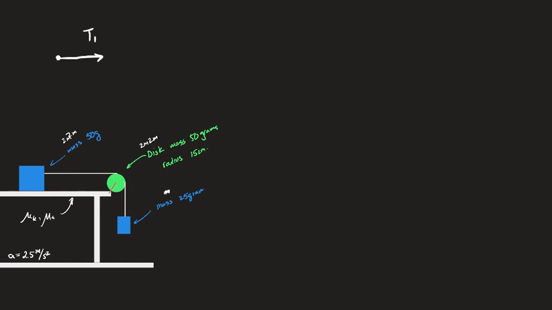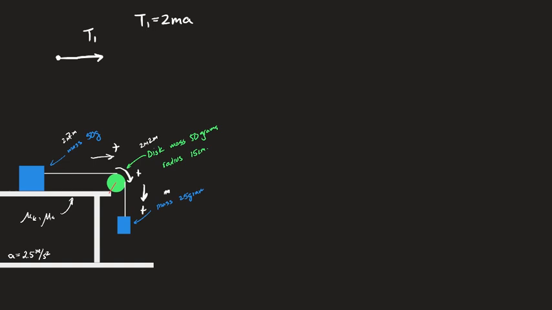T1 is the only thing that's causing it to accelerate, so T1 equals 2ma. Net force equals ma. Any other questions? I'm going to make this direction positive, and therefore this direction of rotation is also going to be positive.